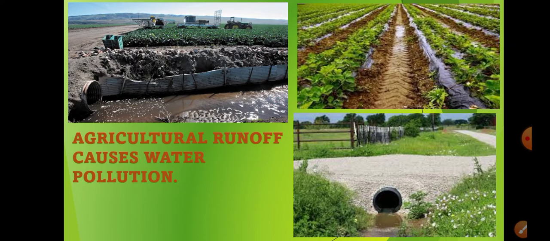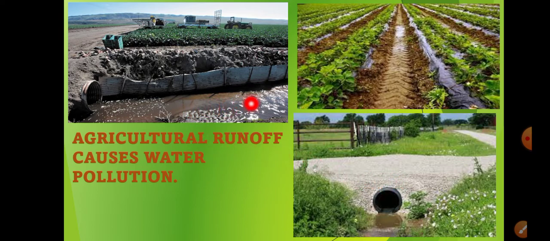Here we have agricultural runoff causes water pollution. So I was telling you about agricultural runoff, how it is causing water pollution: the extra fertilizers and extra pesticides that are being used. Some extra things may be there. There is a passage for the water, as you can see in the pictures.